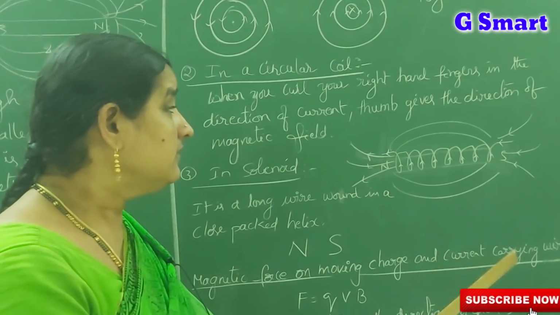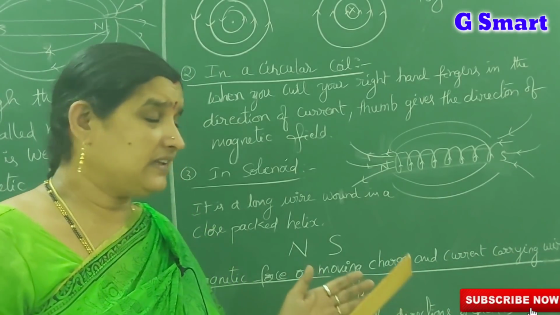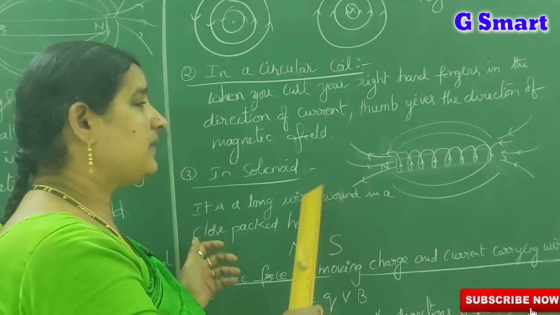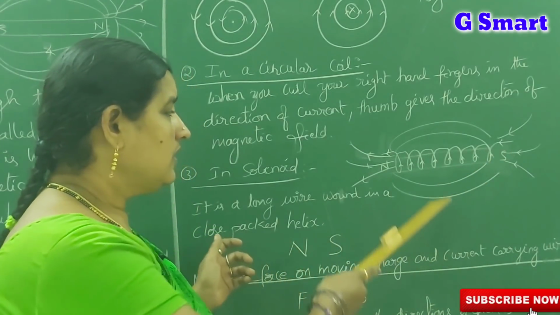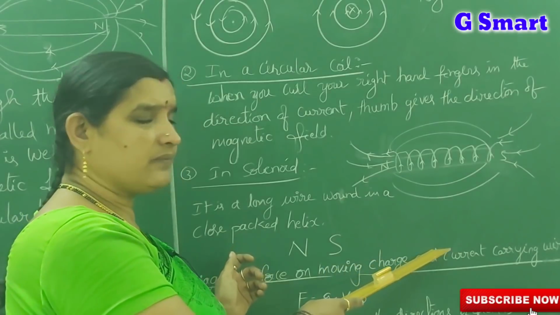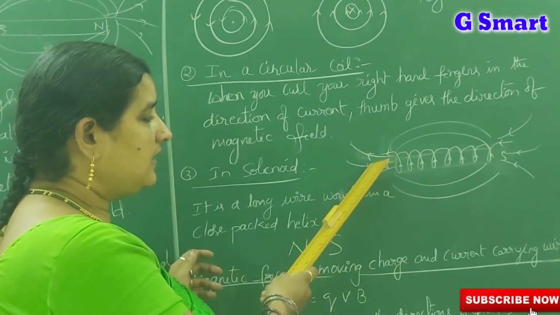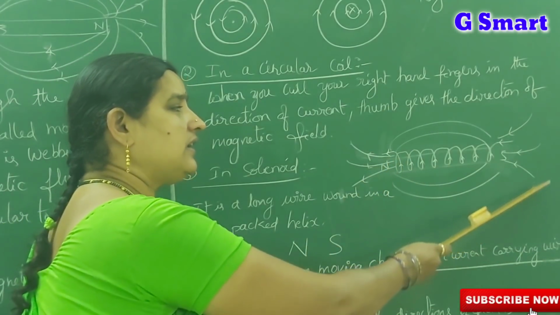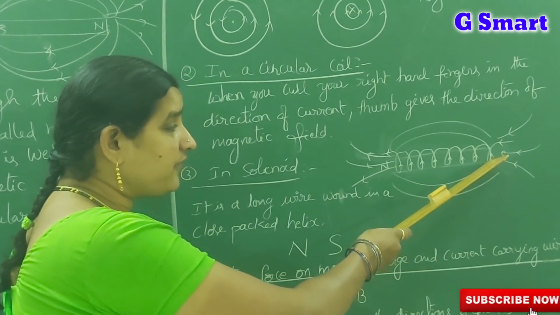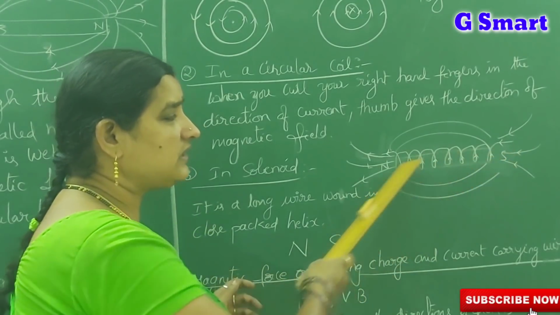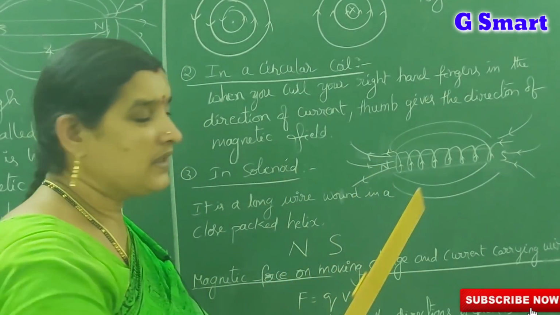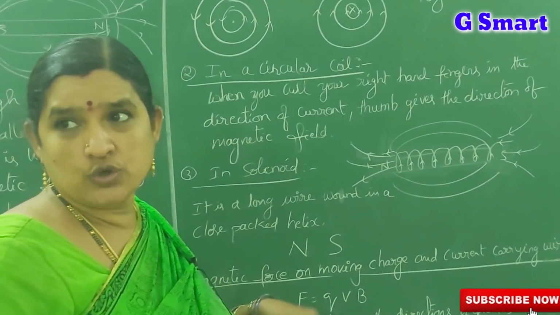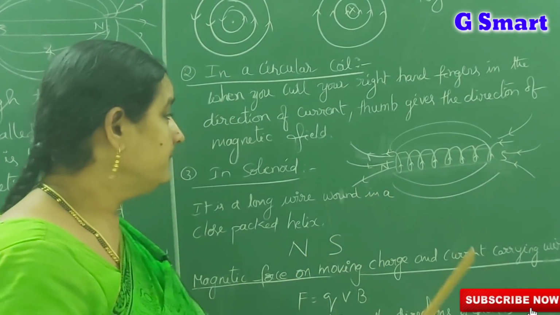We know that in a bar magnet, field lines always come out from the north and enter into the south pole. All field lines are on the outside, but inside they move from south to north. They act like closed loops. Magnetic field lines are closed loops and parallel to each other.